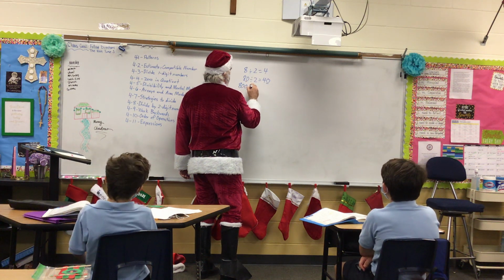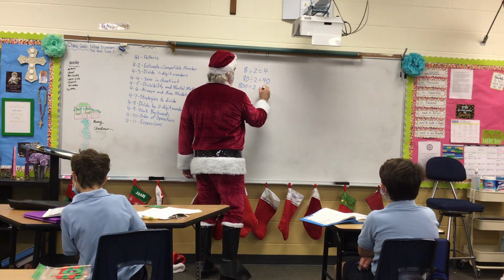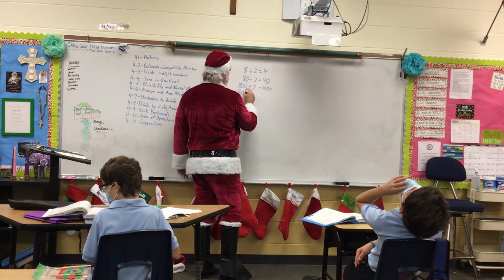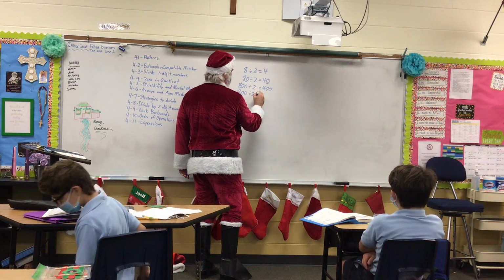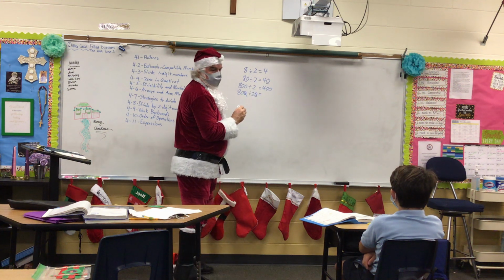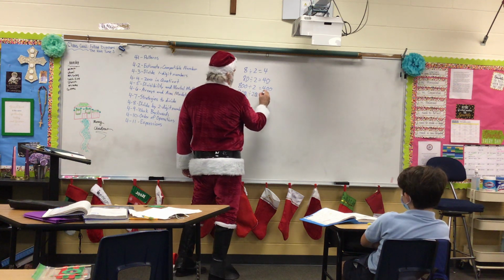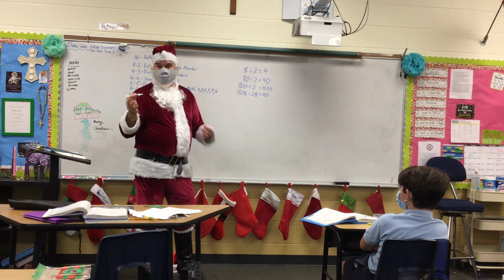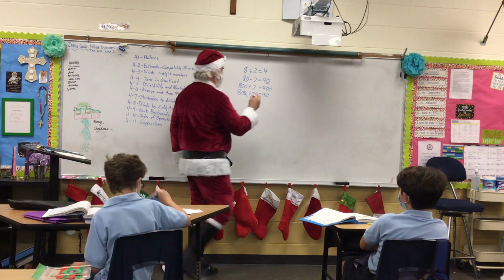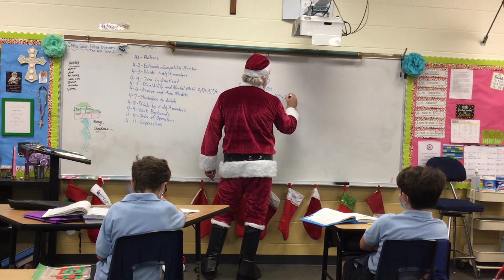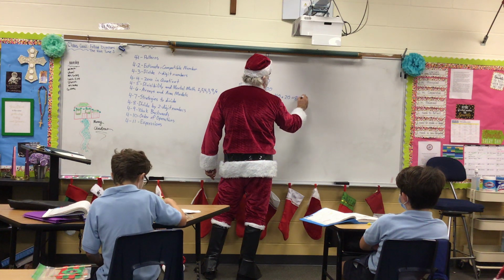800 divided by 2 is 400. 800 divided by 20. You're going to take this one from here, so these will cancel out, if you remember, and you're still going to have that, so it's going to be 40. Now, a way to check this, 40 times 20 equals 800.